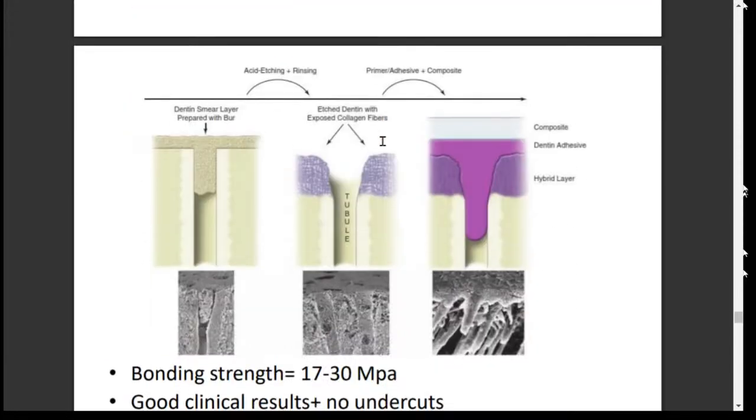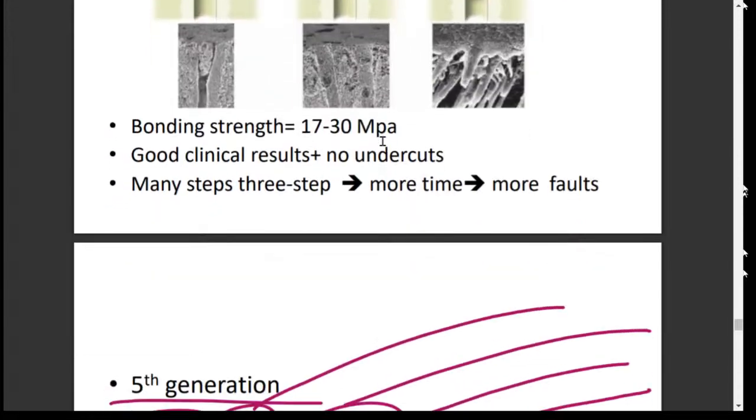The steps are: dentin smear layer preparation; second, etched dentin and exposed collagen fibers; third, dentin adhesive application and composite. The adhesive, primer, composite, and the acid etch rinsing.